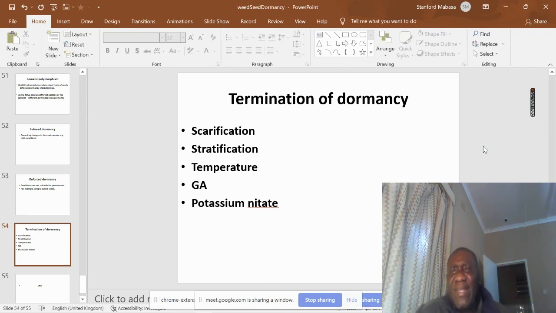So remember that this characteristic of weed seeds, which is known as dormancy, regulates the emergence of weed seedlings under field conditions. That is probably why weed species are persistent in agricultural fields.